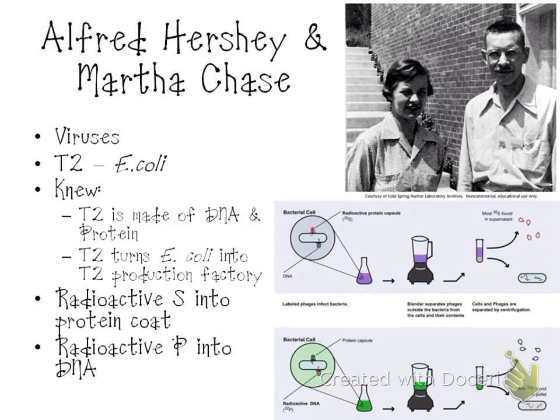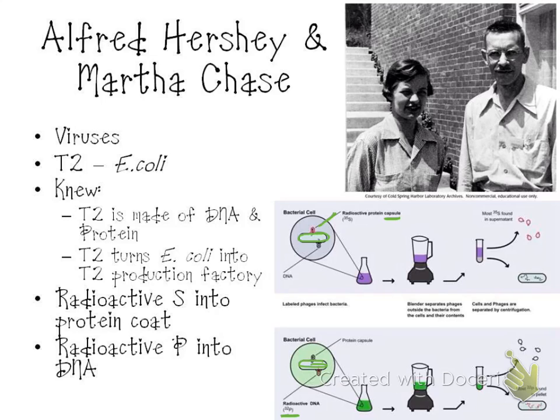And so the way they went about this is they took the bacterial cell here, and they took those viruses and put radioactive sulfur into the capsule, and then they put radioactive phosphorus into the DNA in another set. Same bacteria.